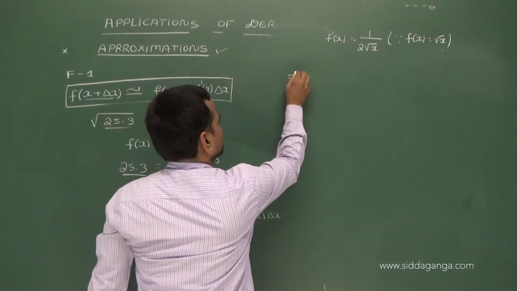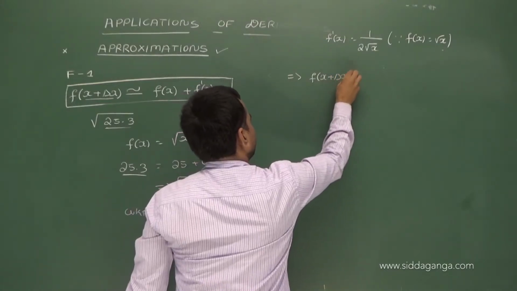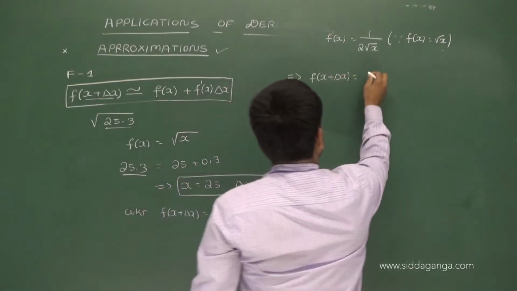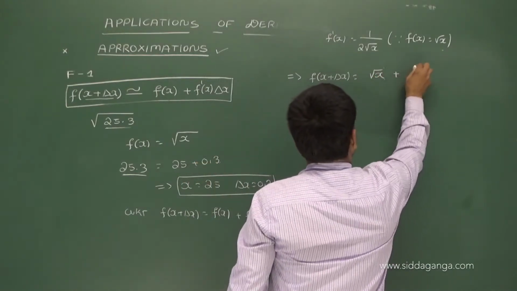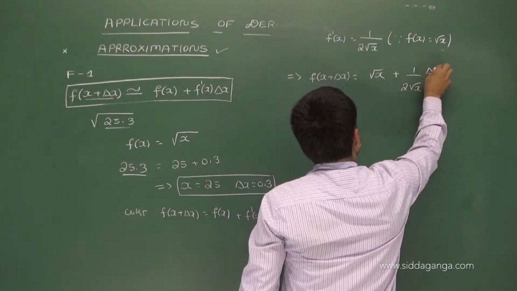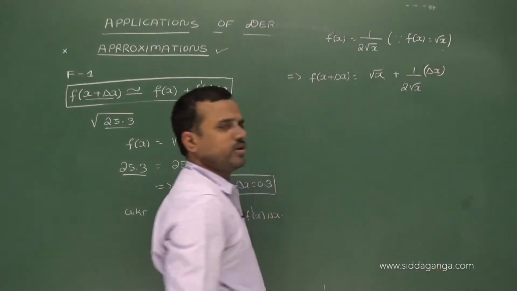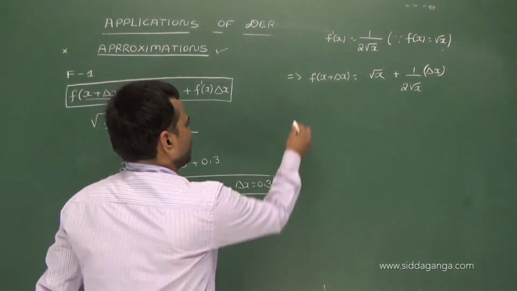That implies f of x plus delta x is equal to root x plus 1 divided by 2 root x into delta x. Substitute the value.